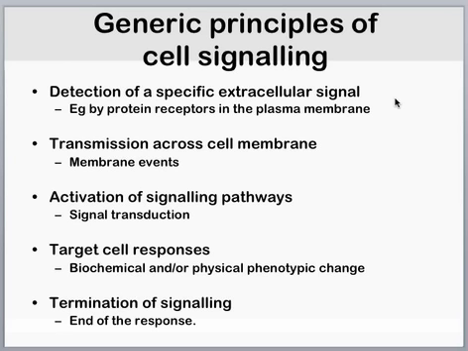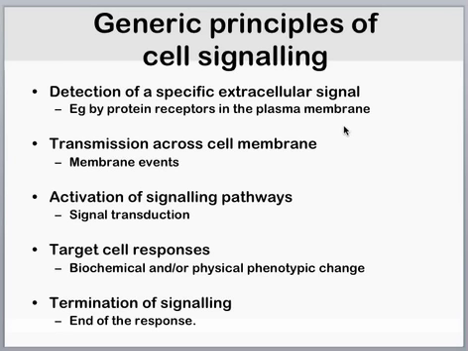There's a specific class of molecules that can pass through the membrane, which we'll talk about later. But in terms of generic cell signaling, we tend to think that the signaling molecule is detected by protein receptors, which are embedded in the plasma membrane of the cell. So the external signal molecule binds to a protein receptor in the plasma membrane of the cell.